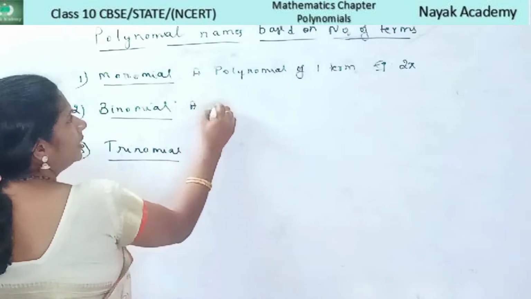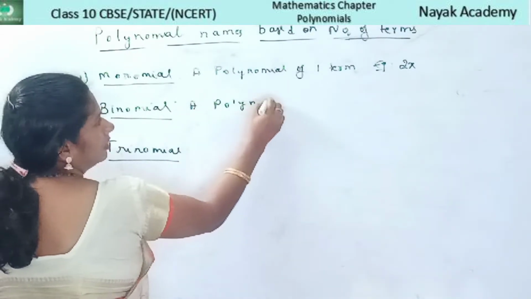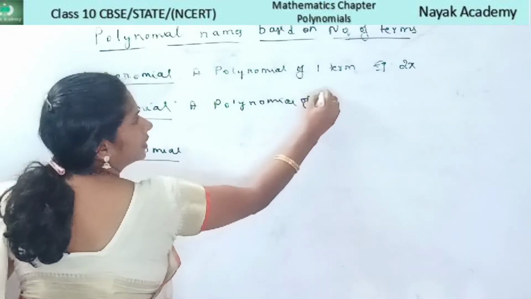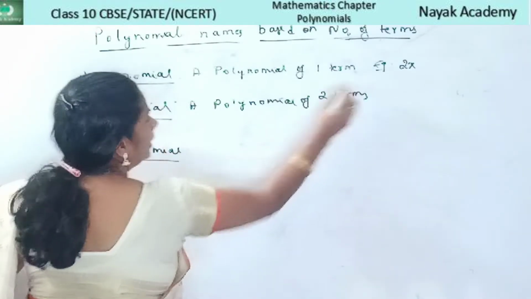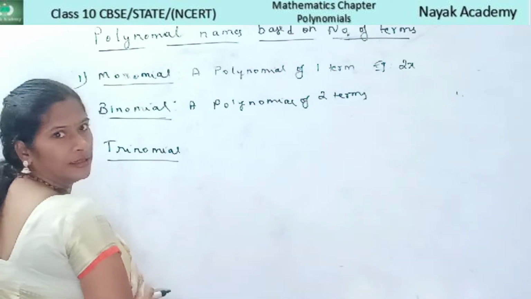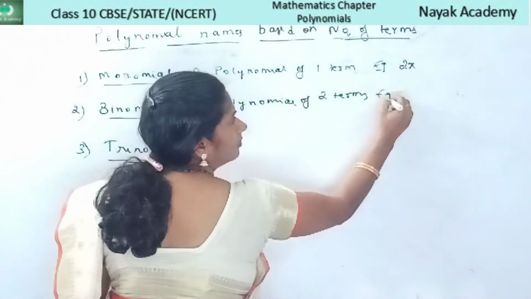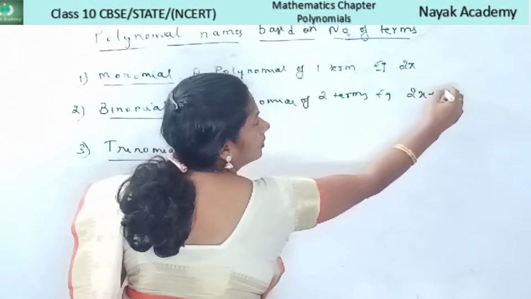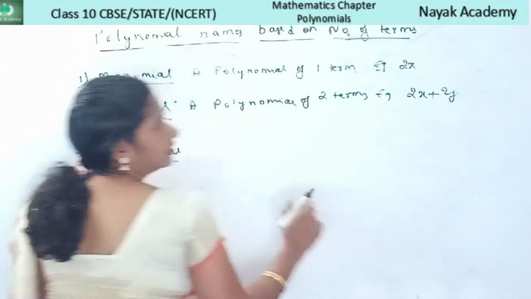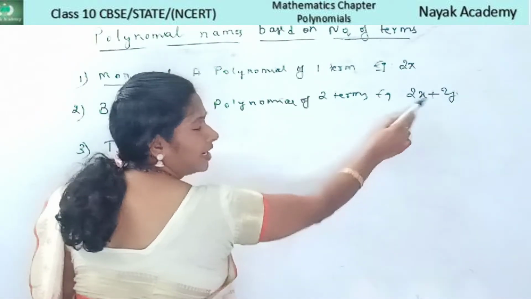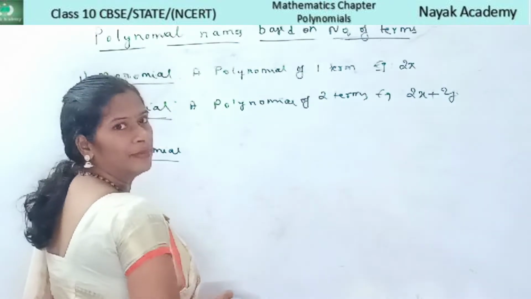A polynomial of two terms is called a binomial. For example, 2x plus y. Here the algebraic terms are separated by plus or minus sign.